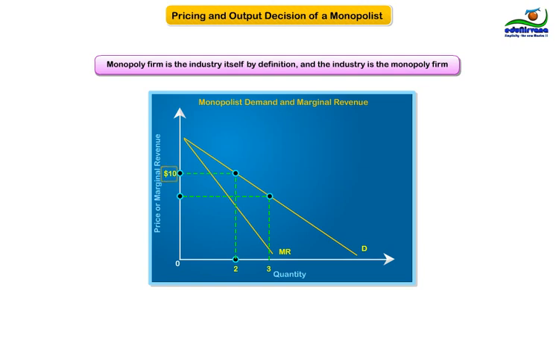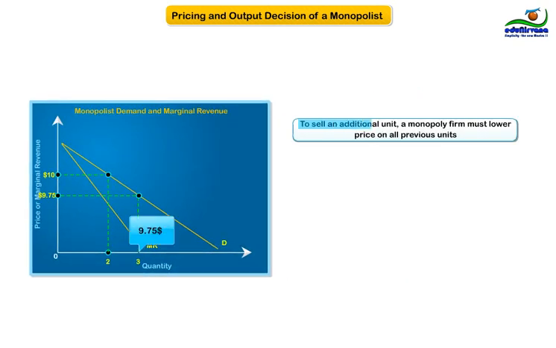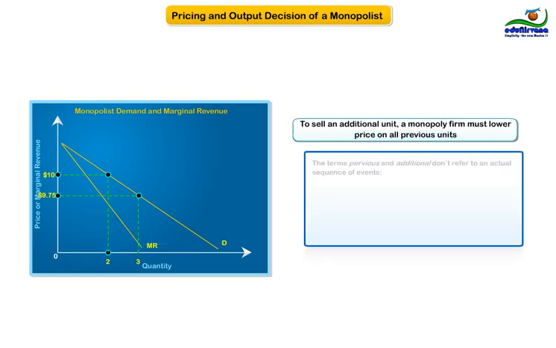To sell more units, it must lower its price to, say, $9.75. It sells the 3 units at $9.75 each. So, to sell an additional unit, a monopoly firm must lower price on all previous units.